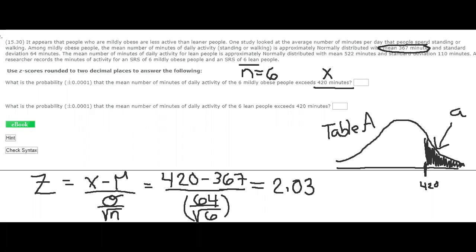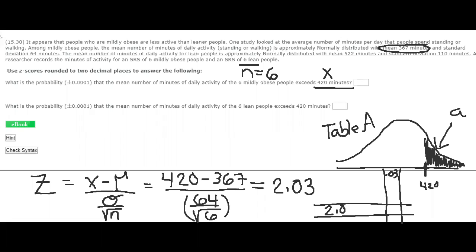And now if I look at table A in the book, which for me is the back page of the book, and I look for the 2.03, then I'm looking for the 2.0 in the row, and then you're trying to find a column that has 0.03.